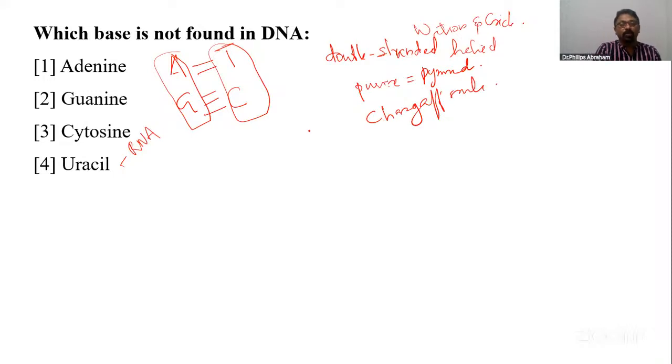Then two chains are there. They are anti-parallel. One is from 5' to 3'. The other will be from 3' to 5'. So we call it anti-parallel. And they are linked by hydrogen bonds. Both strands are complementary, not equal. I hope you understood that.